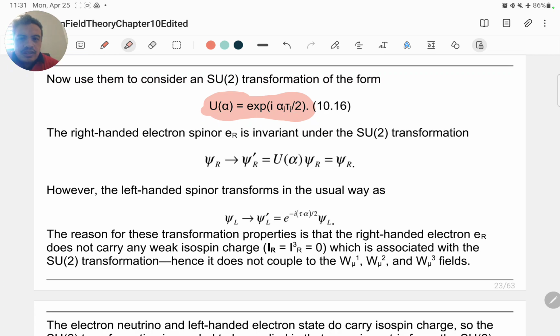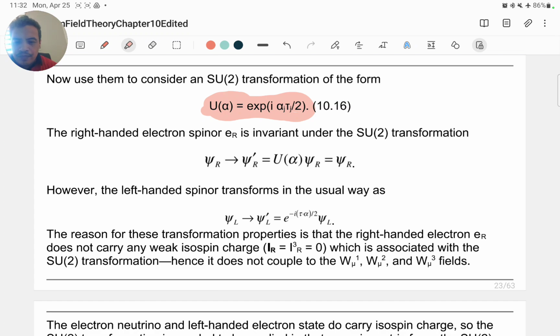For this given SU2 transformation, your psi R, or right-handed Dirac field, would be just the same because it has a 0 upper component. However, the left-handed spinor transforms in the same way, but it is not equal to psi L.